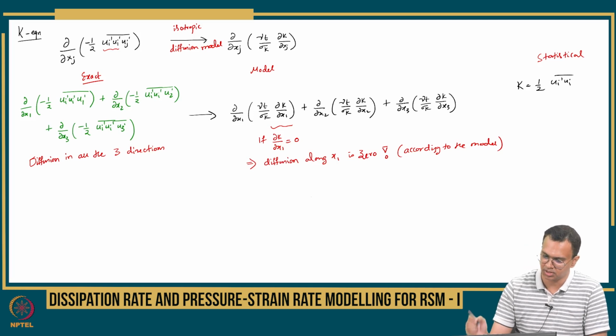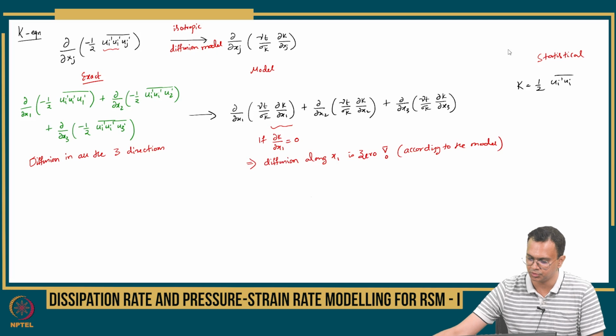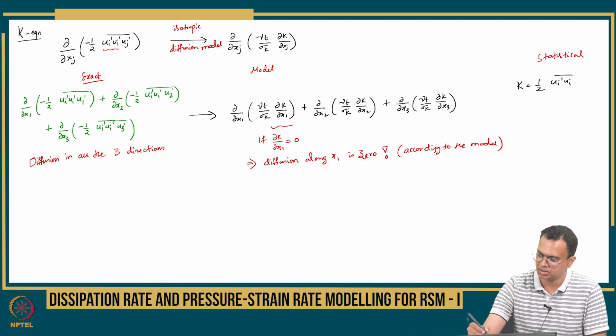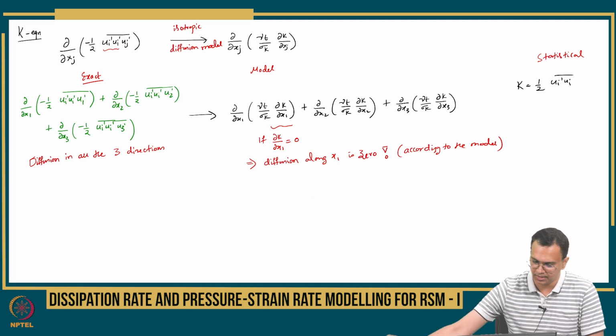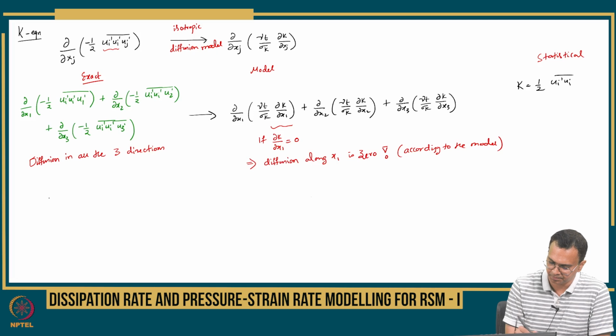That's why we introduced the anisotropic diffusion coefficient, which is essentially the option that we had. The left-hand side is the same, ui prime ui prime uj prime.